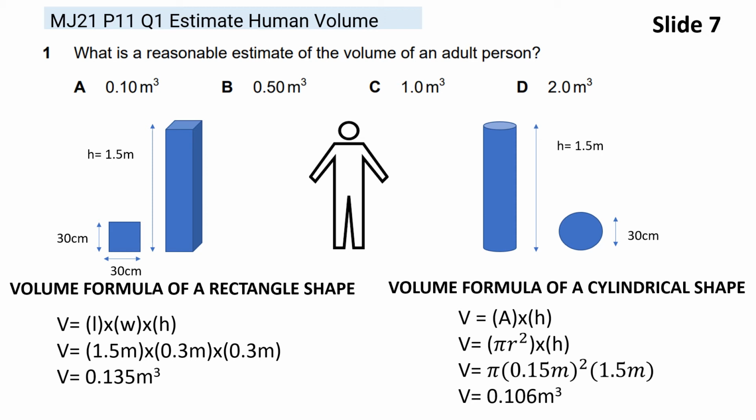So two different approaches, two different answers. However, let's look at the options that we have for this question. The option here that we can play with will be option A, because there will not be 0.5, no 1, no 2. So A is the correct one.